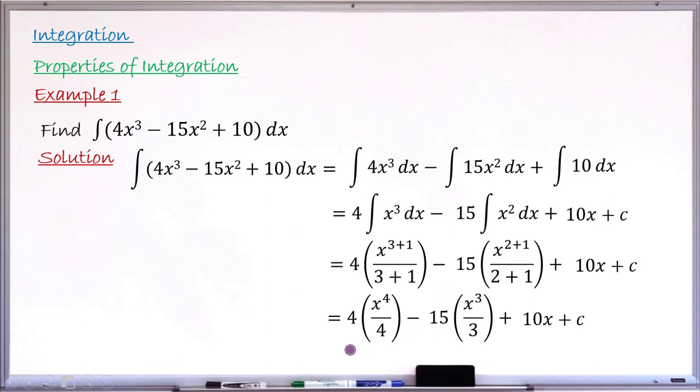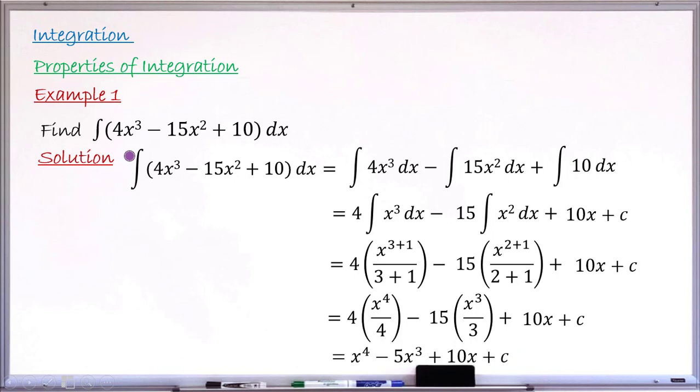So this is what I'm going to have finally: x raised to 4 minus 5x raised to 3, then plus the 10x plus c, which I just copied from here. The 3 in 15 gives you 5, and 5 times x raised to 3 gives 5x raised to 3, while this 4 cancelling this 4, you'll be left with x raised to 4. This is the integral of this very function.